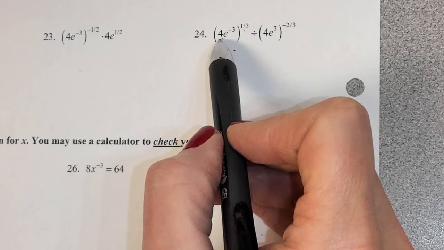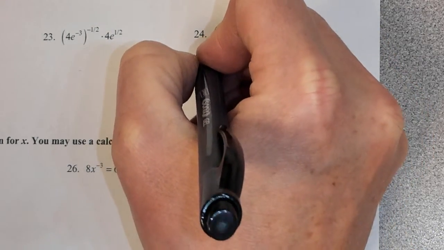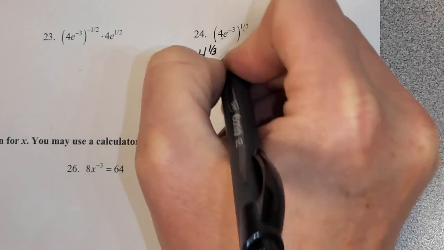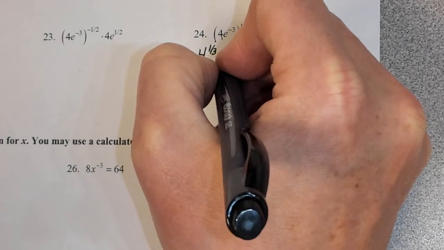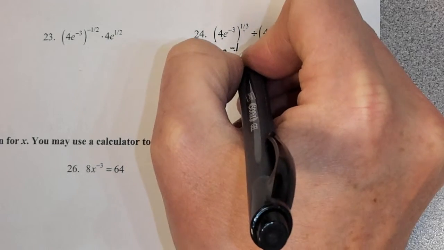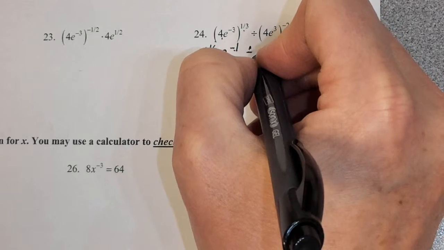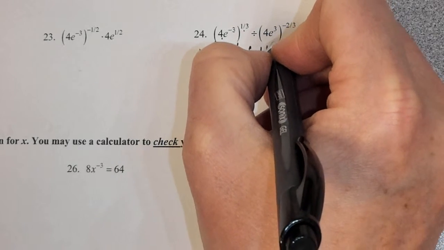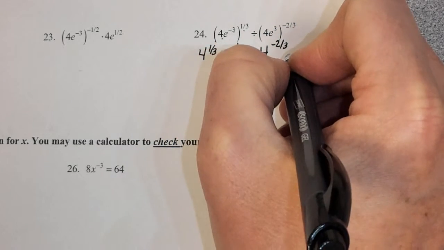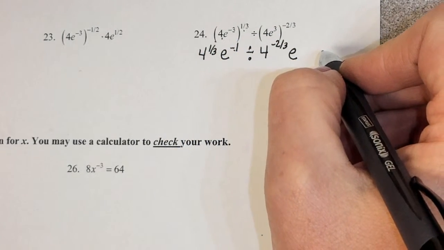Just the e, okay? So if I'm going to do this one step at a time, this is 4 to the 1/3. Then it's going to be e to the what? -1. Divided by, and then I'm going to have 4 to the -2/3. E, what power is e going to be to? -2, good.